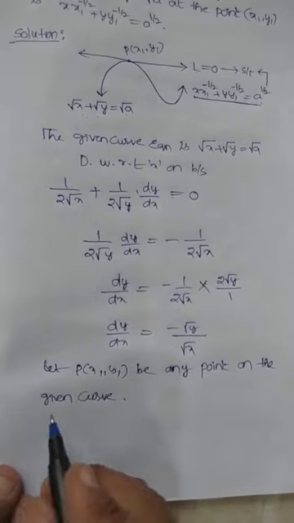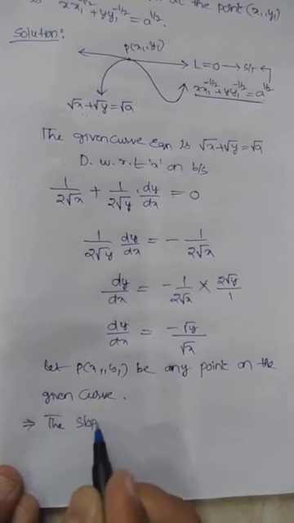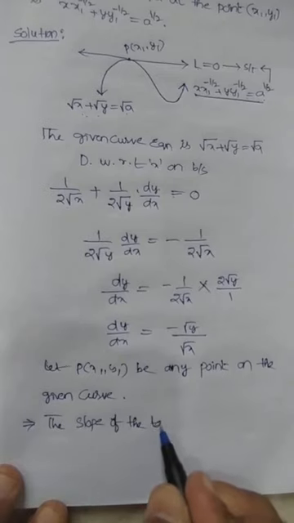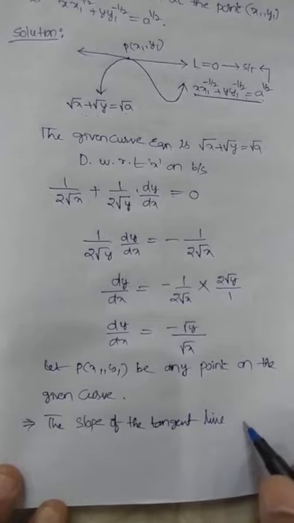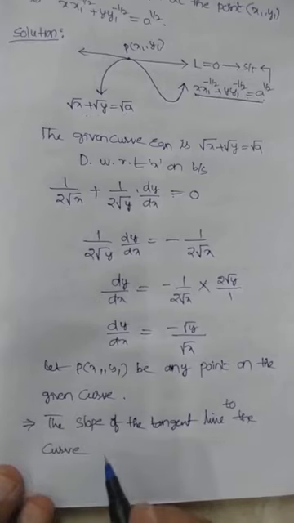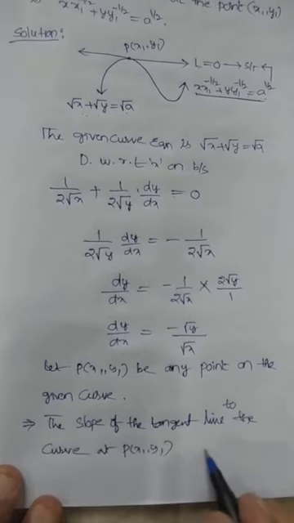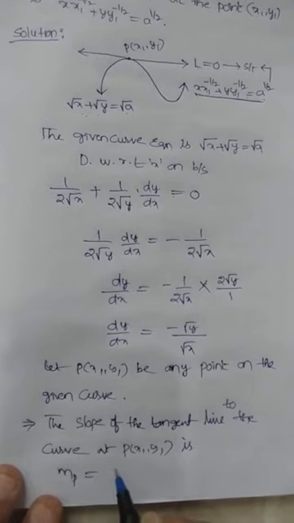That implies the slope of the tangent line to the curve at P of x1 comma y1 is m at P, which is equal to dy by dx at P.